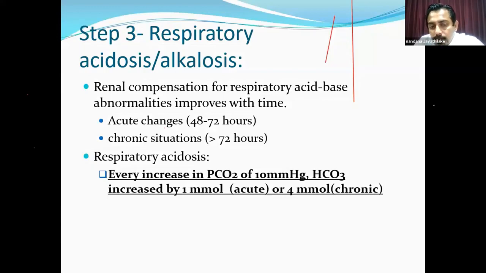With respiratory acidosis, if it is an acute condition, with 10 of carbon dioxide, it produces 1 millimole of bicarbonate. But in chronic respiratory acidosis, like a COPD patient, it produces 4 millimole of bicarbonate. You have to keep this theory in your mind, alongside the other two. This is the fourth formula.